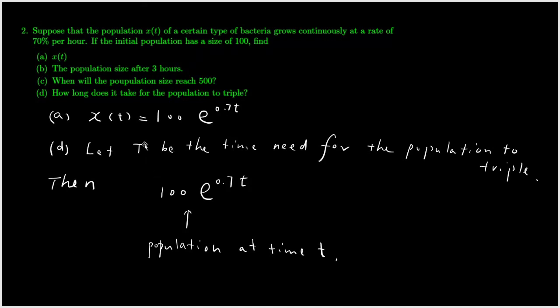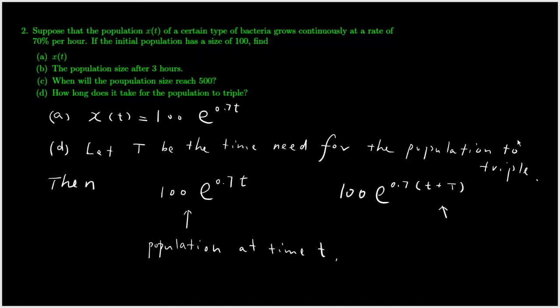Okay, and then starting from time t, after the length of time uppercase T, the population size is given by 100 times e to the power of 0.7 times (t plus T). I'm going to write the meaning of this one.